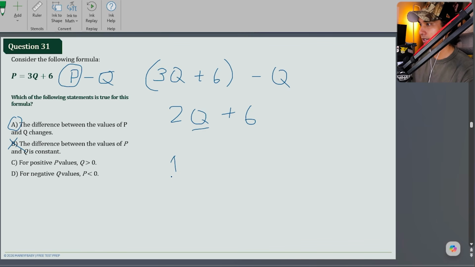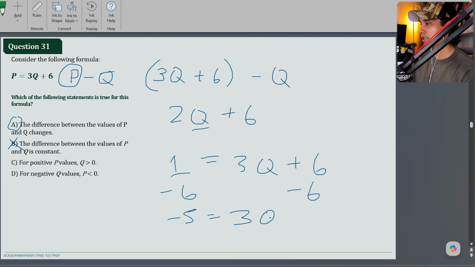So 1, let's just choose 1, equals 3Q plus 6, right? And then we're going to minus 6, giving us negative 5 equals 3Q. And divide by 3. And is Q greater than 0 or positive? No, it isn't. So C is incorrect.